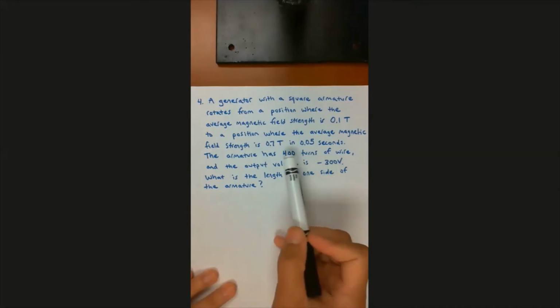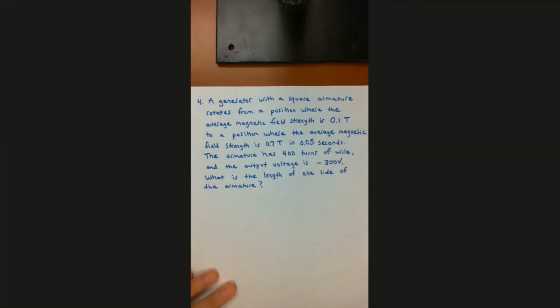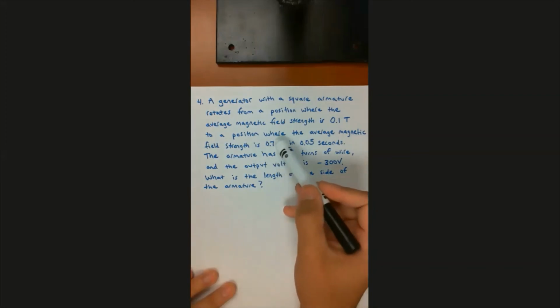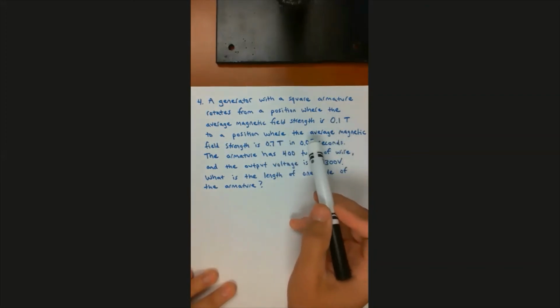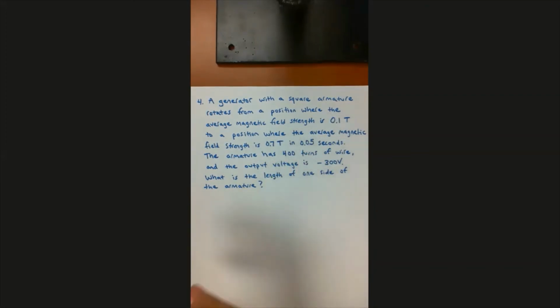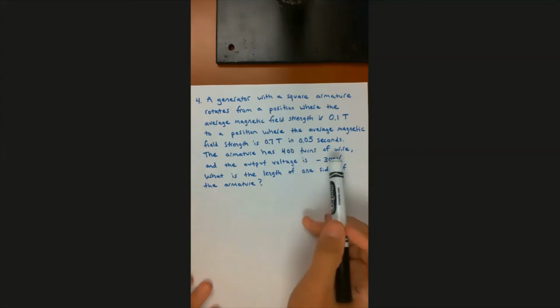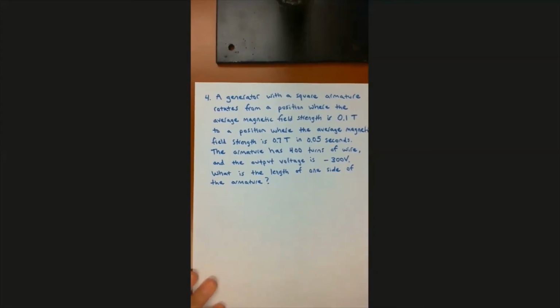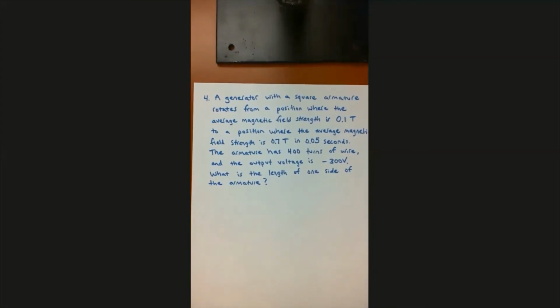All right, so we have all these variables, and we're trying to get a relationship between the magnetic field and the amount of time it takes for the armature to rotate. And we're given the number of turns of wire and E induced, so this clearly looks like a Faraday's law problem.